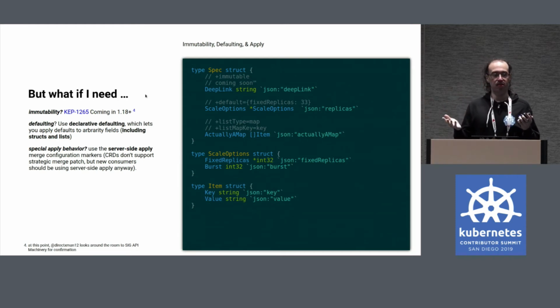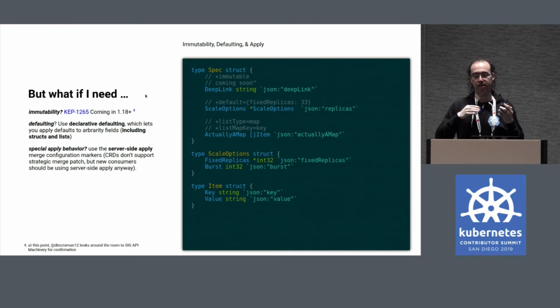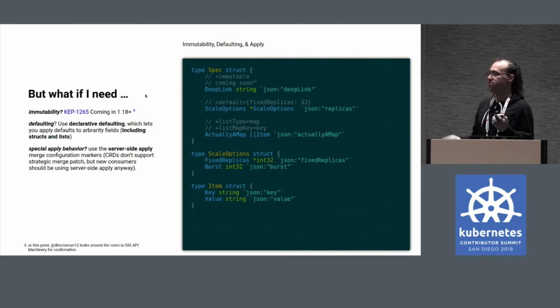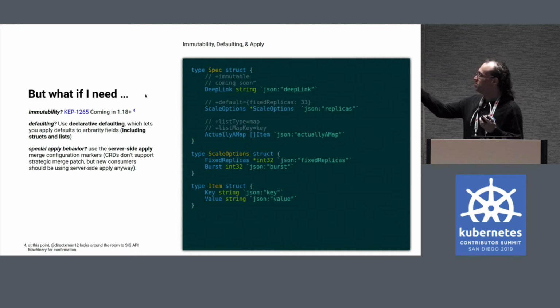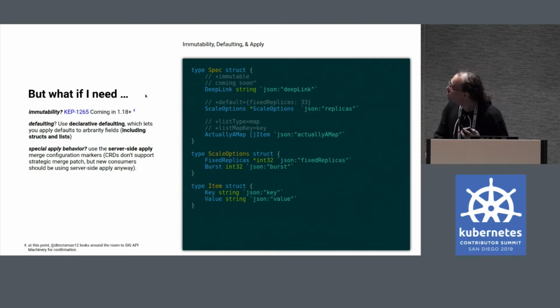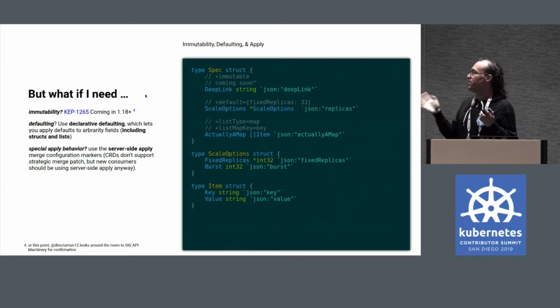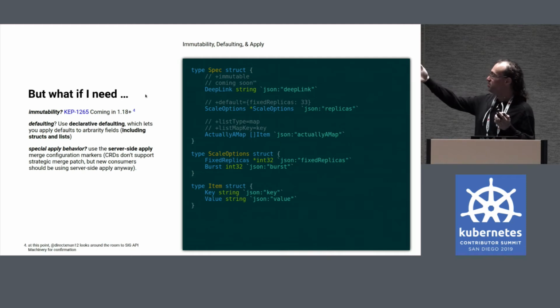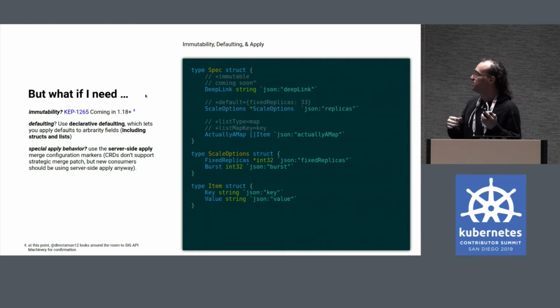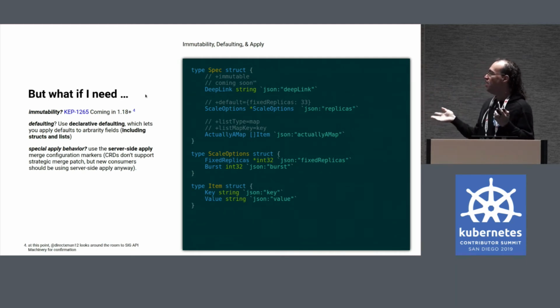Our defaulting is pretty powerful. In OpenAPI, we can specify arbitrary type hierarchies, including slices and objects. You can see here I've got an example that has an object with a subfield that's defaulted, and we've just specified it there.